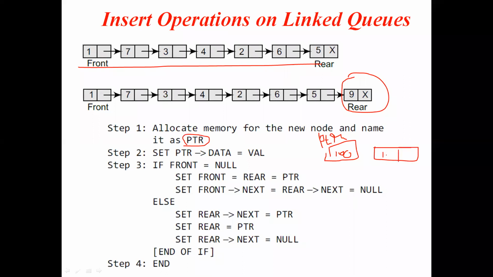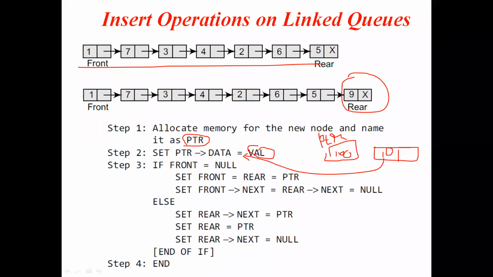Let it be 10; I'm inserting 10. How am I inserting it? With this line: PTR arrow data is nothing but 10. This first field you are assigning with the value 10.